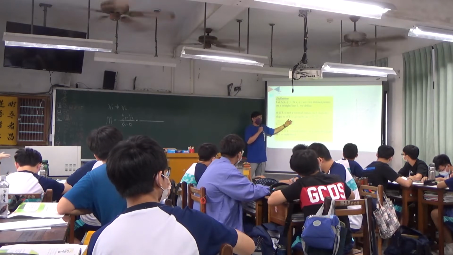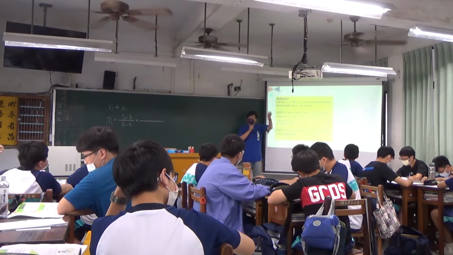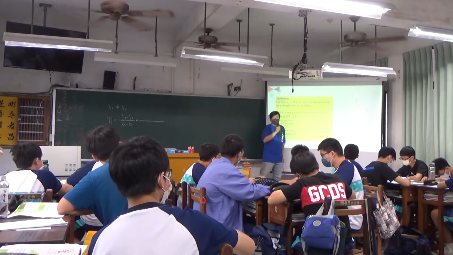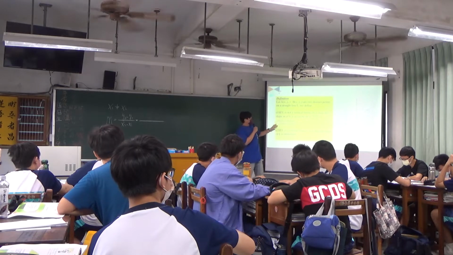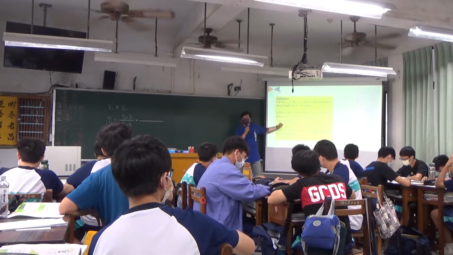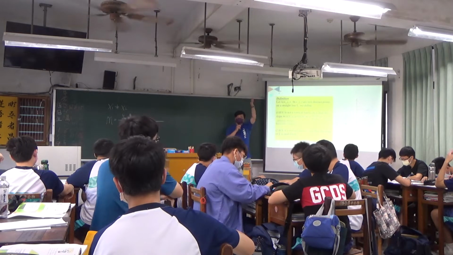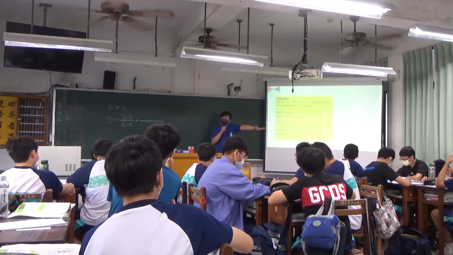And the denominator, x2 minus x1, means the horizontal change. Vertical change, horizontal change. Do you understand?